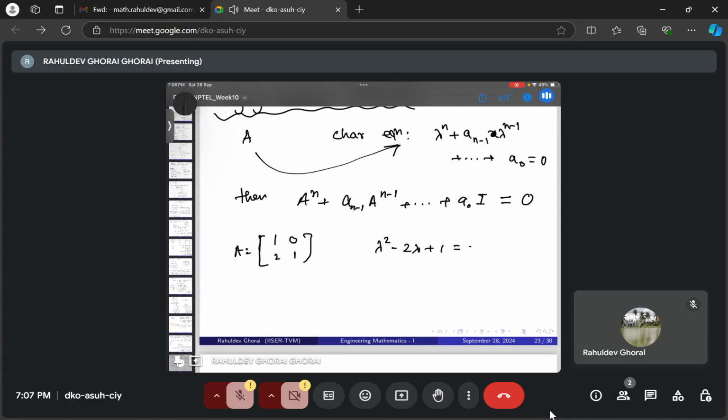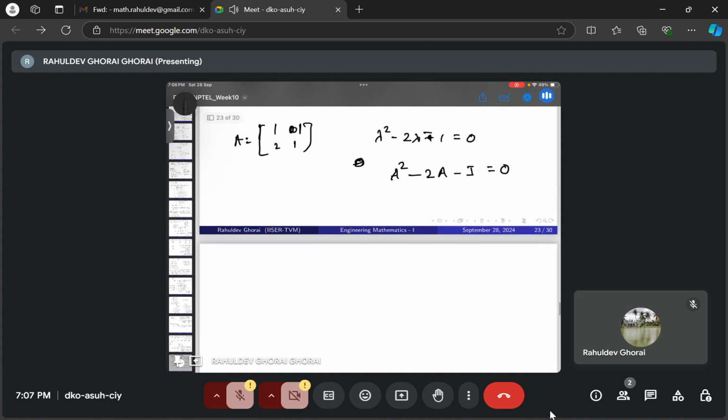Don't take this one, maybe take 2 1 instead. Then it will be lambda square minus 2 lambda minus 1 equal to 0. That implies that Cayley-Hamilton says A has to satisfy A square minus 2A minus identity equal to 0.